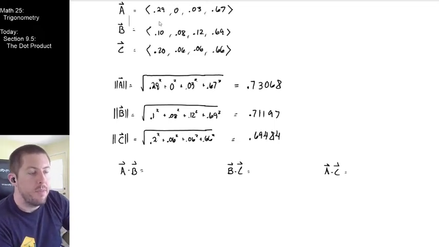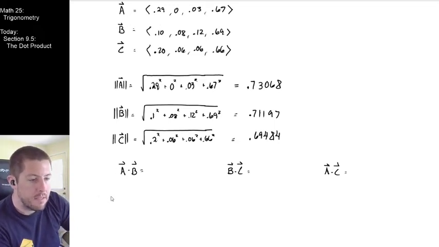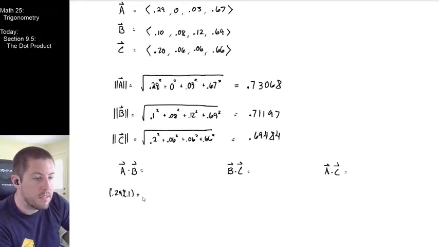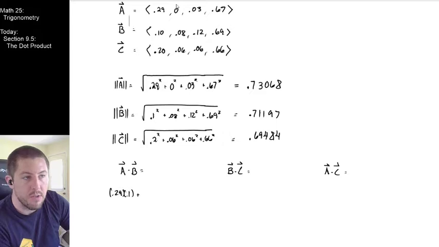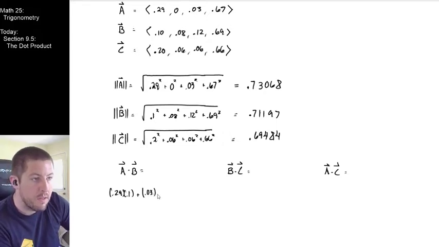Now, A dotted with B, I'm going to get 0.29 times 0.1 plus, I'm going to get 0 for the second one, so I'm just not going to write that, 0.03 times 0.12, and 0.67 times 0.69.